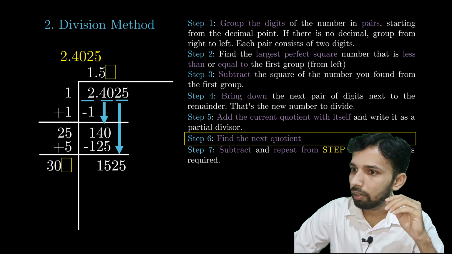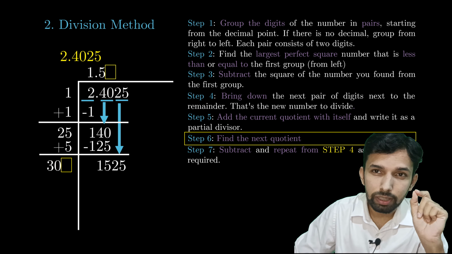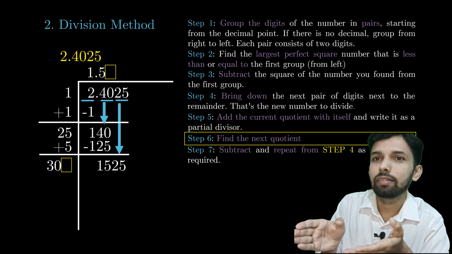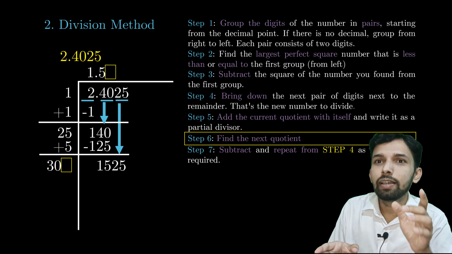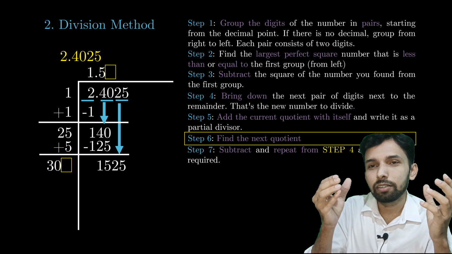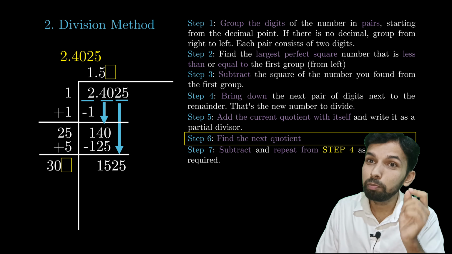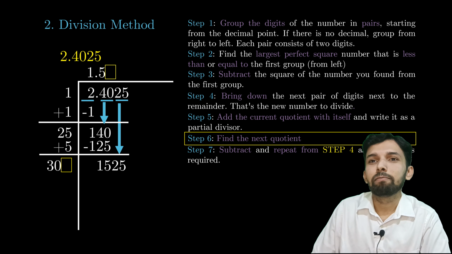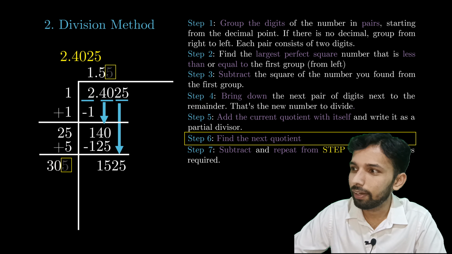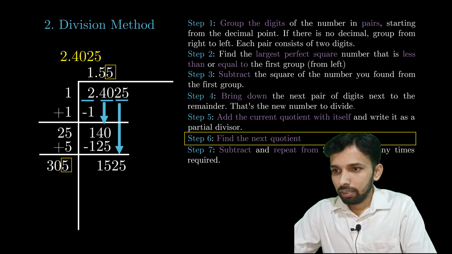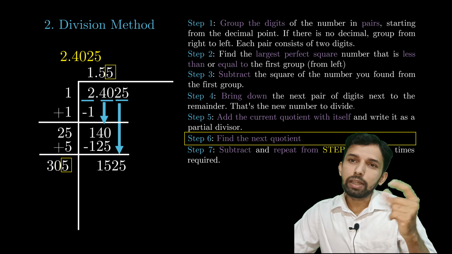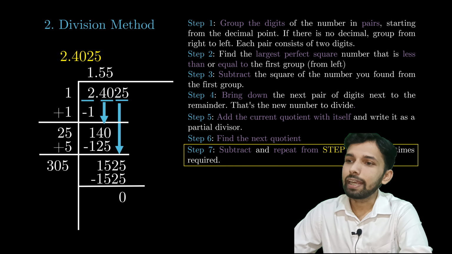Now, if you notice closely, the number we want ends with 25, right? So by your instincts, you should know that the number we should try first is 5, because that's how the squares are defined, right? So we try 305 times 5 and bingo. 305 times 5 is 1525.